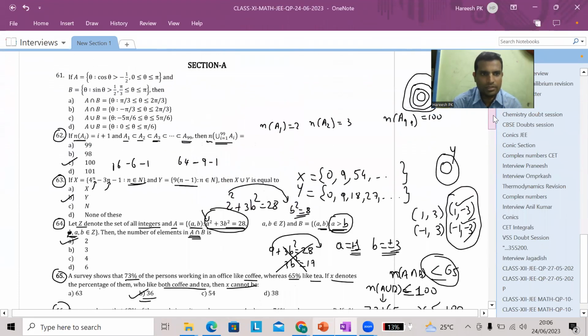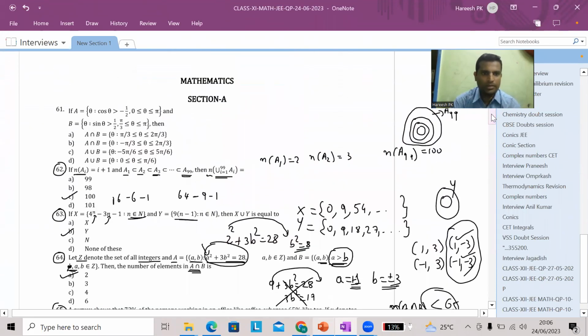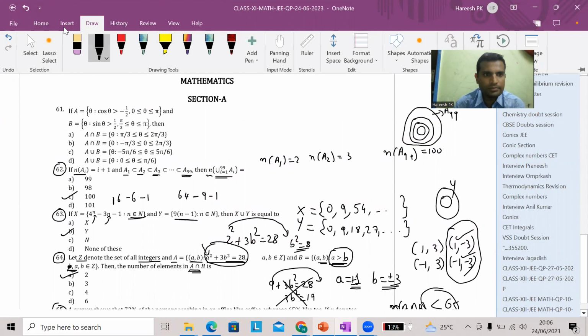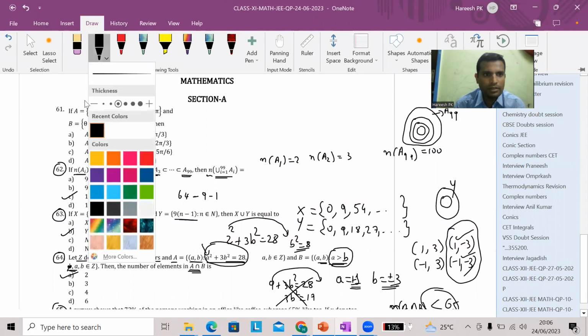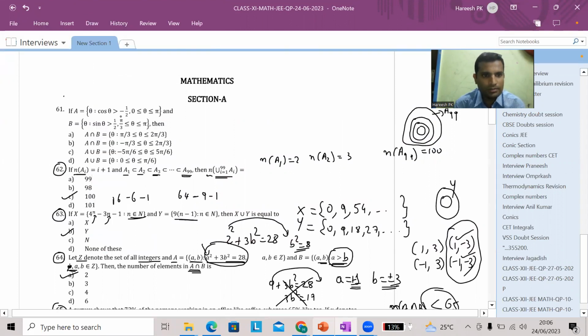As I said, 61st question is a more easy one. So they're saying cos theta should be greater than minus half, and theta should be between 0 to pi.